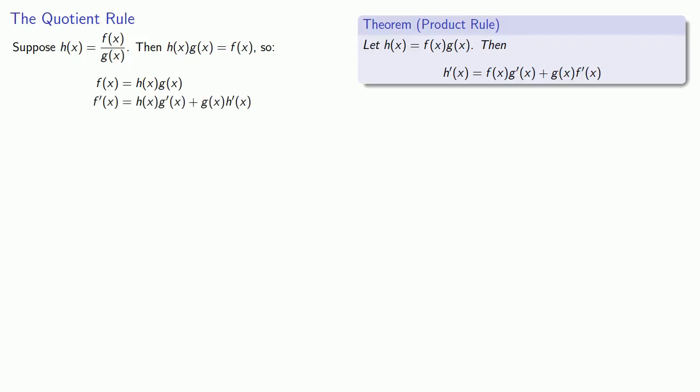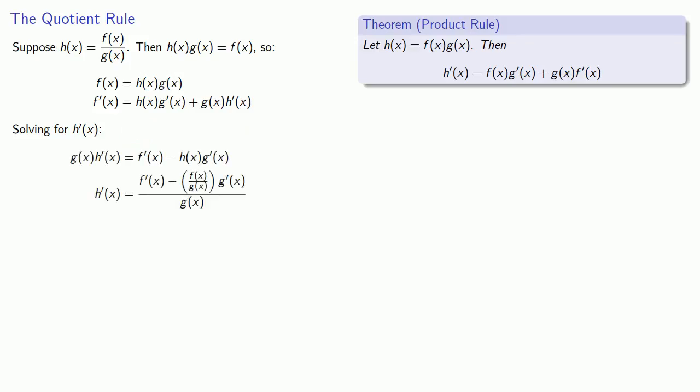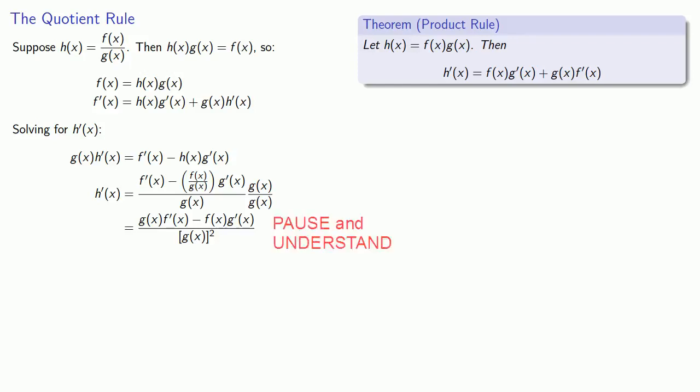Now, we actually want to find the derivative of h of x, so we'll solve for it. And while this messy expression is perfectly reasonable as a derivative, let's clean it up a little bit. This is a compound fraction, so let's multiply through by the denominator, g of x, and after all the dust settles, we get this nice expression for the derivative.